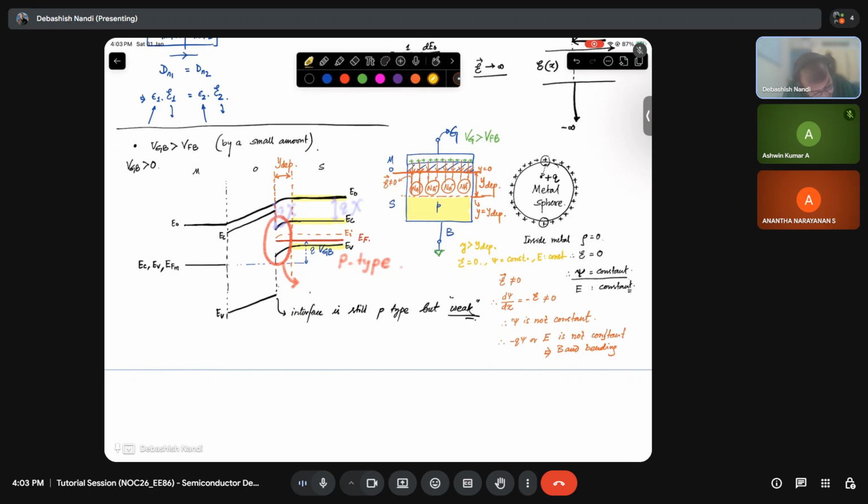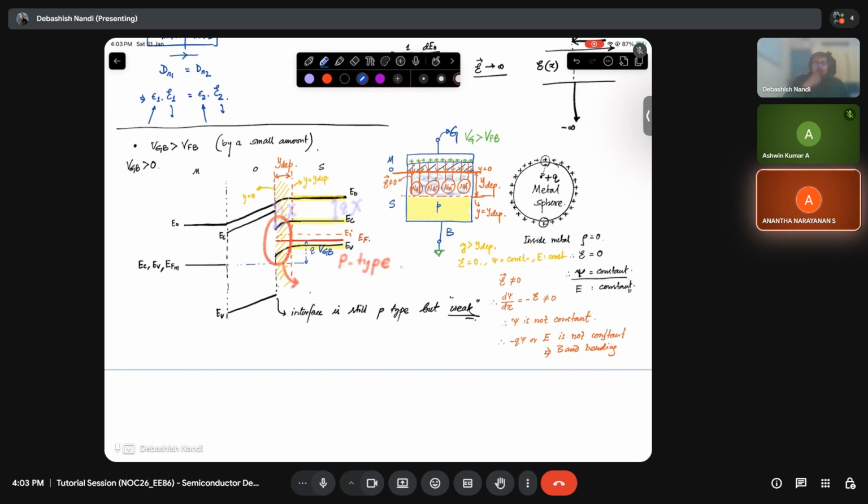So this line is y equal to 0. This line is y equal to y depth, and beyond y depth you can see that the energy bands are constant. Only in this region are the bands bending, and this region corresponds to this region.